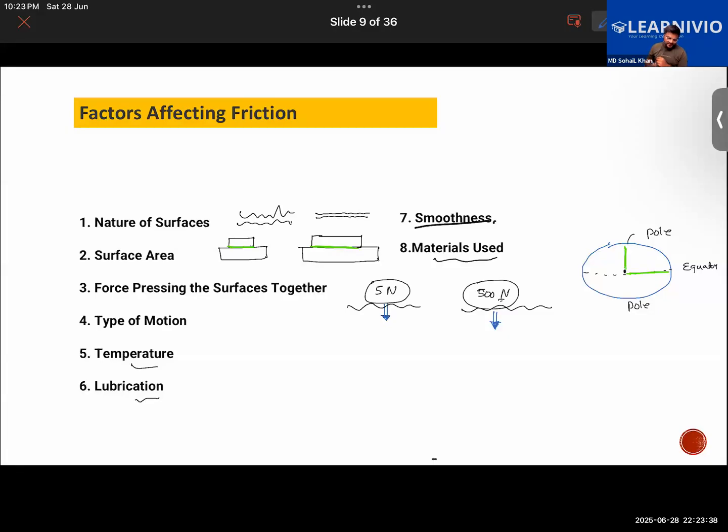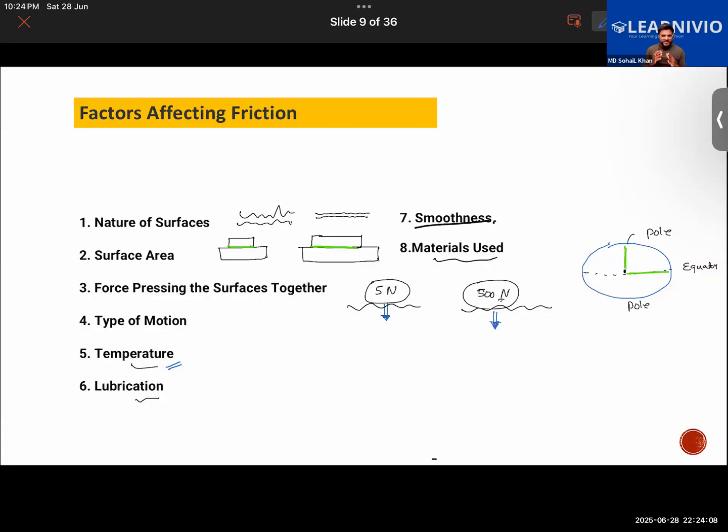So I was saying that temperature also affects the friction. How so? Whenever we increase the temperature of most solids, it causes them to expand. And as they expand, the friction increases.